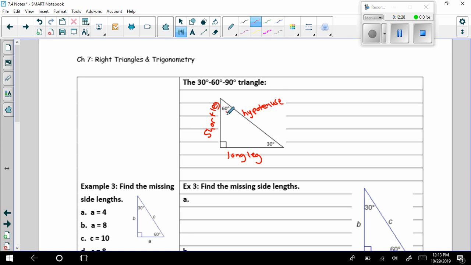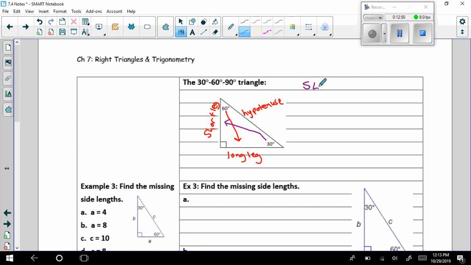Notice the longer leg is across from the 60, and the shorter leg is across from the 30. That's true for any kind of triangle as far as lengths go. So if you have two sides, you can just use Pythagorean theorem. If you're given an angle, though, you can use your ratios.